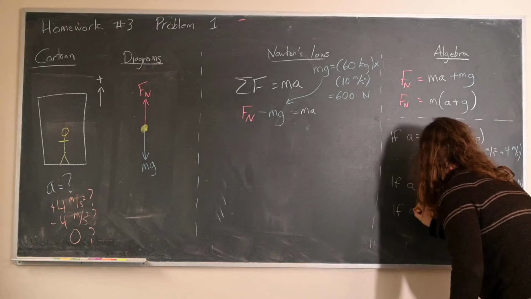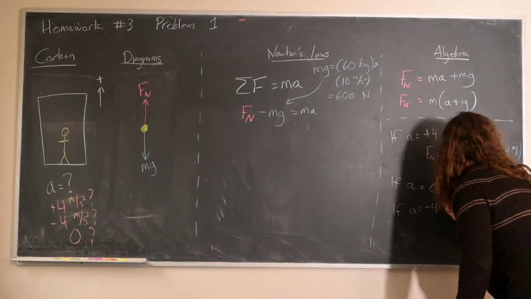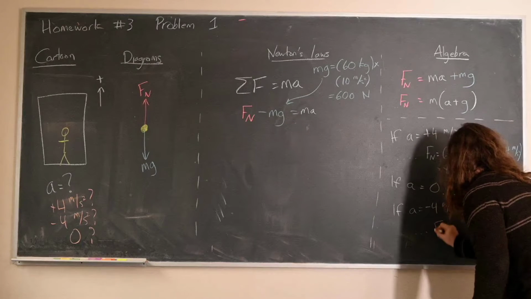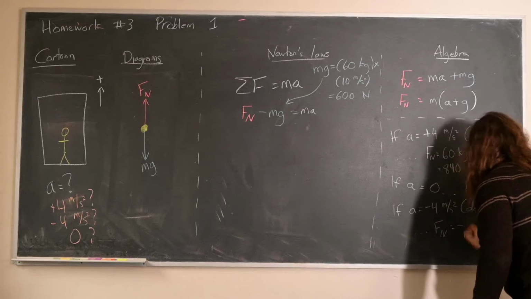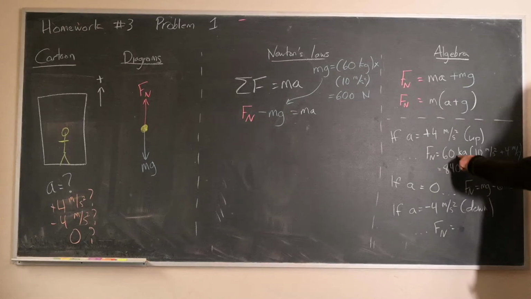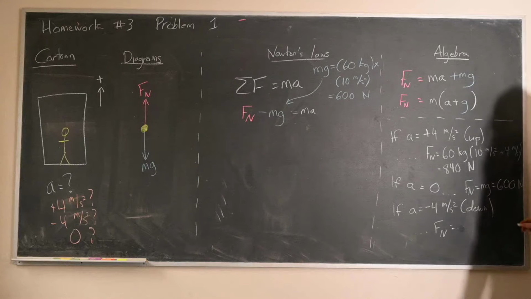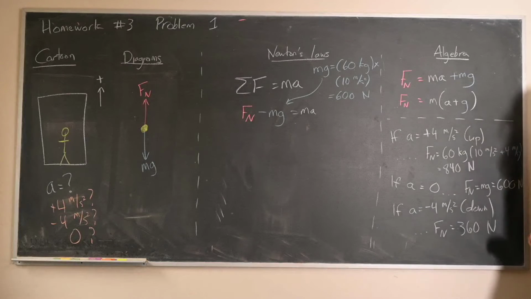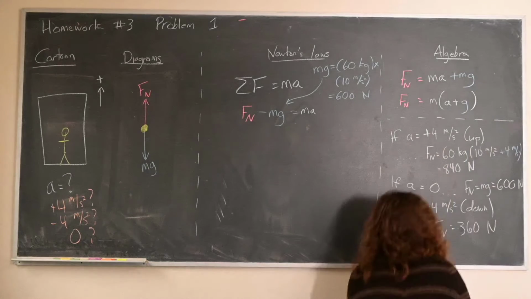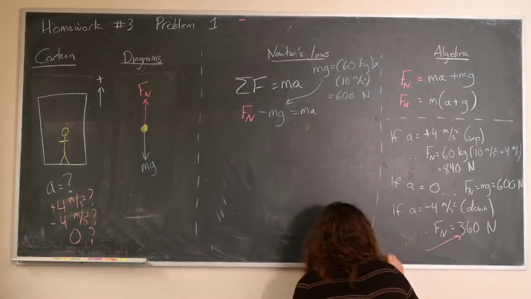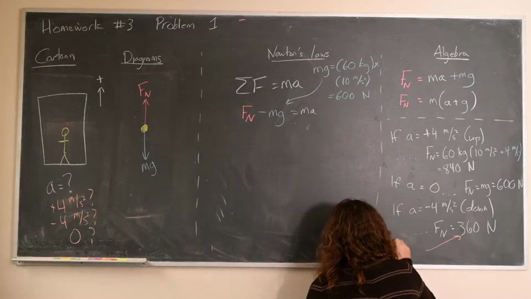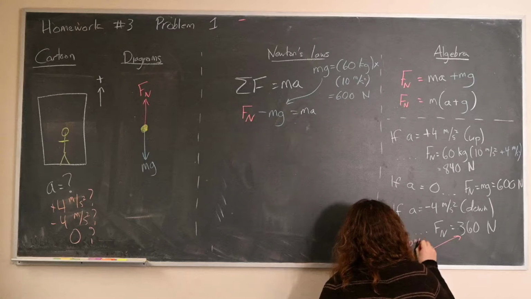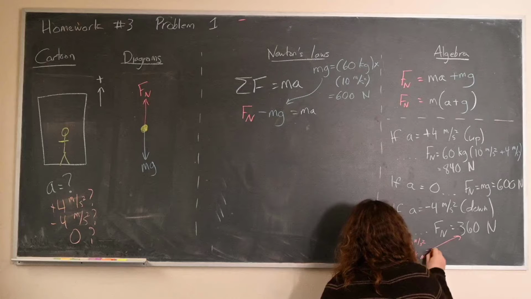And finally, if the elevator is accelerating down, then the normal force would be 60 kilograms times 6, which is 360 newtons. Just put in parentheses here, this value is 60 kilograms times 10 meters per second squared minus 4 meters per second squared.